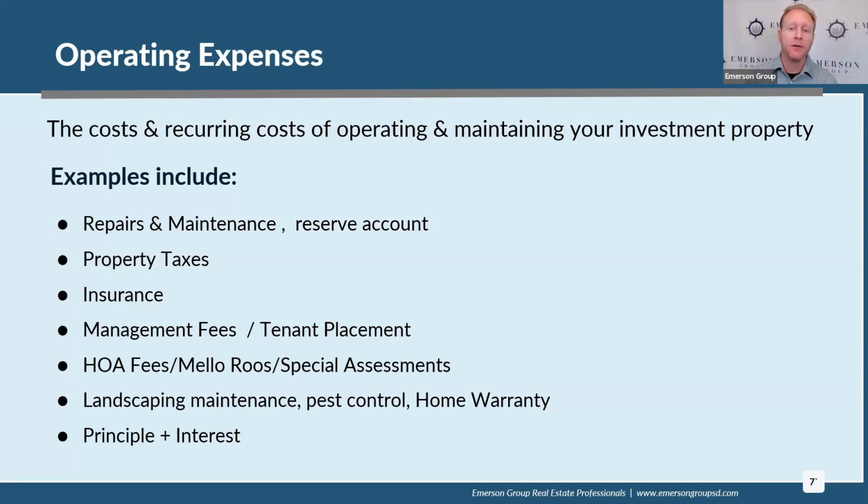That could also be included, maybe tucking away 5% of your income from the rental, knowing you're going to take care of that down the road. Property taxes, insurance, management fees and tenant placement. HOAs, Mello-Roos, or special assessments. These are all things that need to go under these categories. Landscaping maintenance, pest control, home warranty, and also your principal and interest.